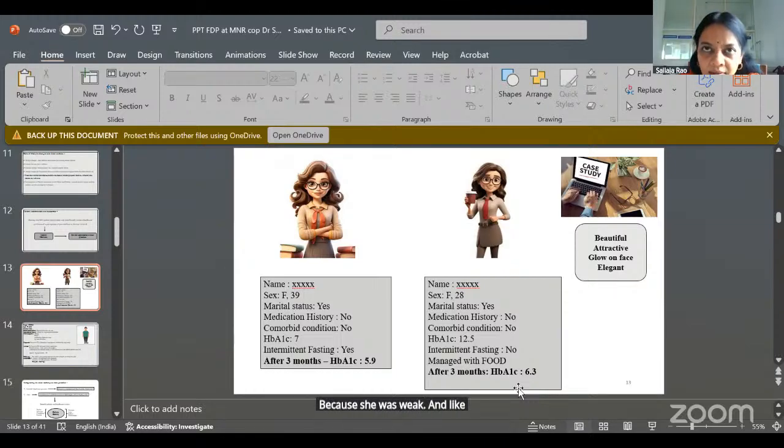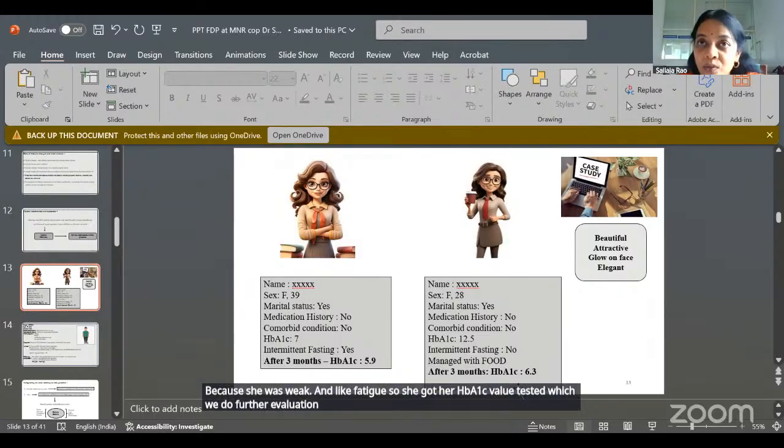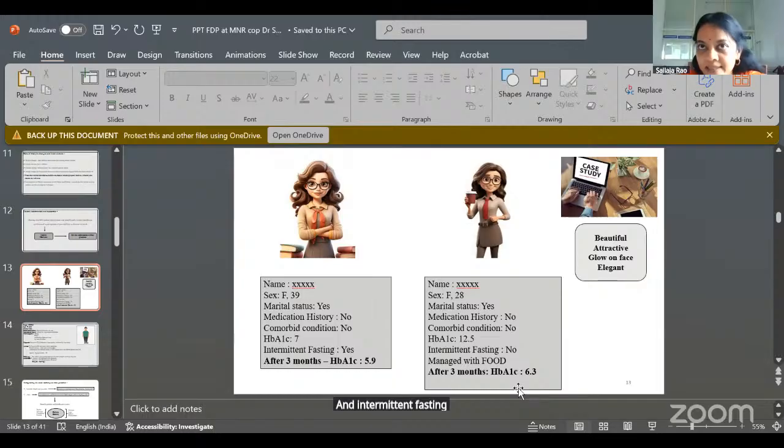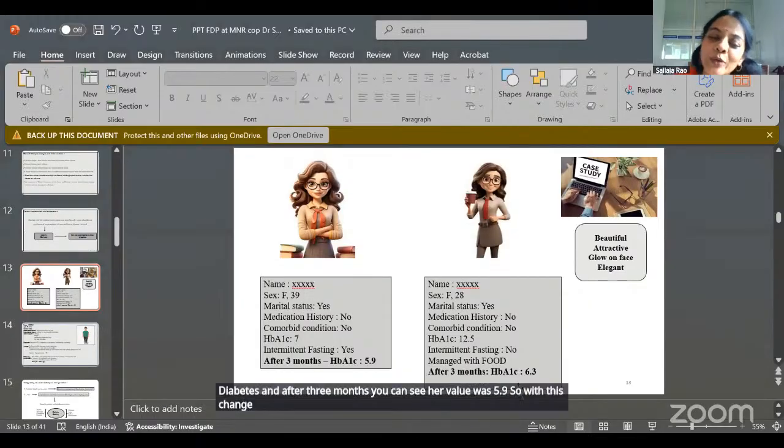So she got her HbA1c tested, which we do for the diagnosis of type 2 diabetes mellitus. With intermittent fasting, she adopted some method to reverse her diabetes. After 3 months, you can see her value was 5.9.